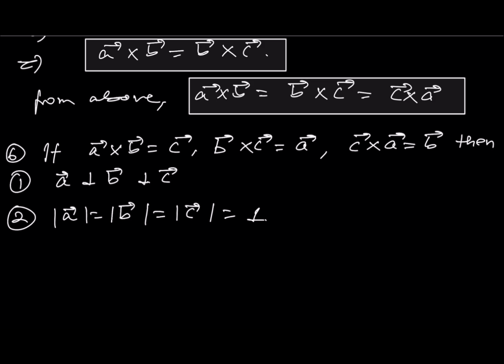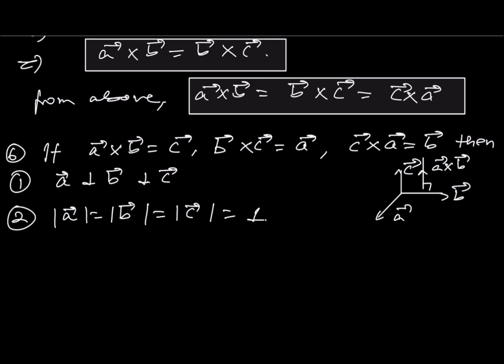As it is given, A vector cross B vector is equal to C vector, and we know A vector cross B vector is perpendicular to A vector and B vector, right?